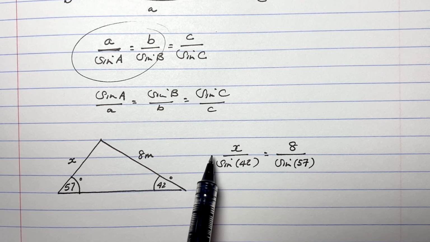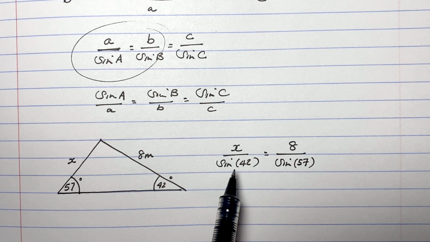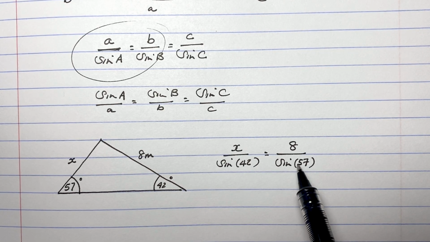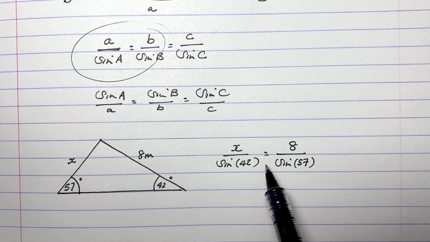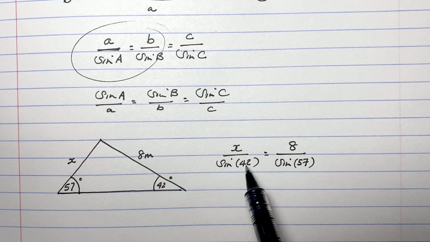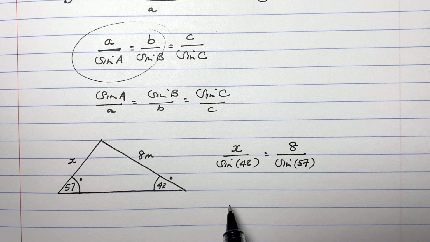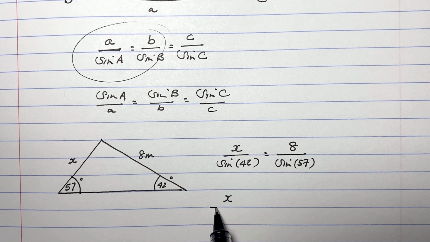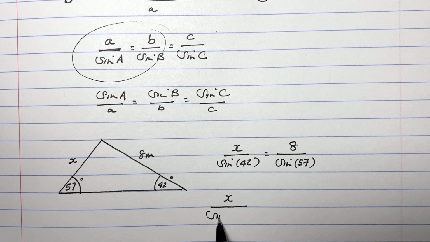So the only unknown here is x. We have a fraction, x over sine 42, equals another fraction. To find x, obviously I need to multiply both sides by sine of 42. So I write again.